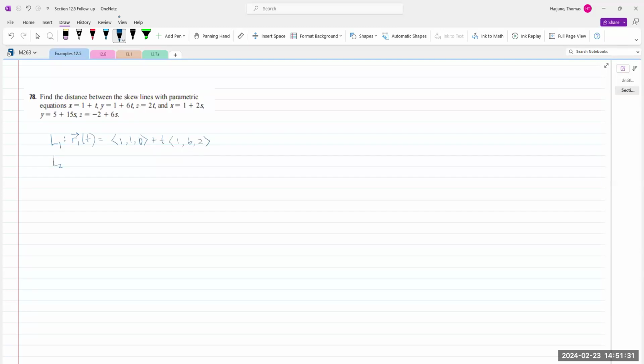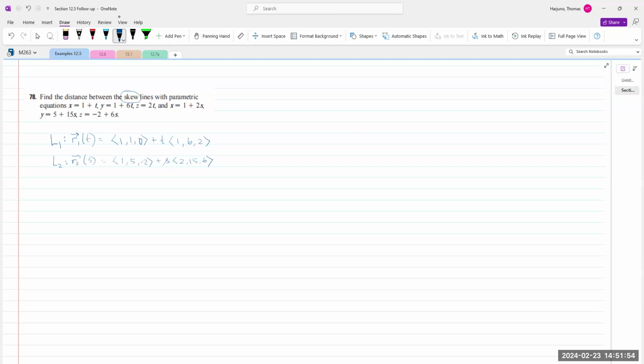And line 2 is given by r2(s) equals 1, 5, negative 2 plus s times 2, 15, 6. Now, we already know that they are skew, so we don't need to prove that anymore, right?